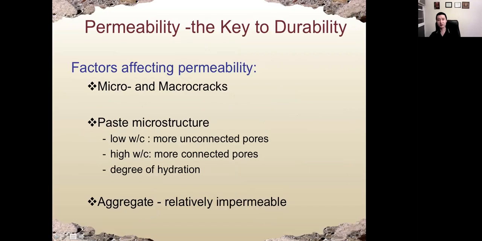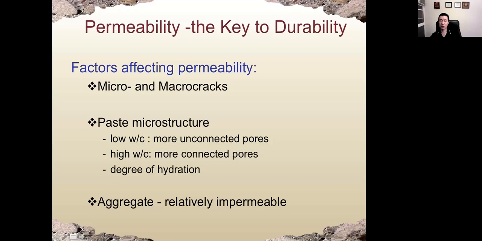From the discussion of all these physical and chemical attacks, you probably realize permeability is the key for durability. If we can reduce the permeability of the concrete, most likely it will slow down or even prevent these attacks. Factors affecting permeability include water to cement ratio and the size of the cracks. If the concrete has a low water cement ratio, we have lower porosity.